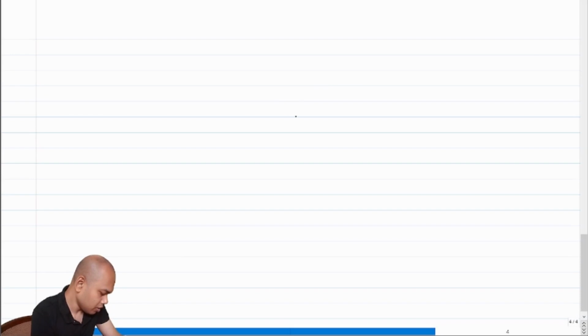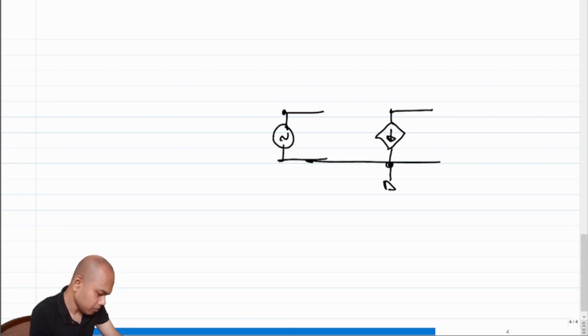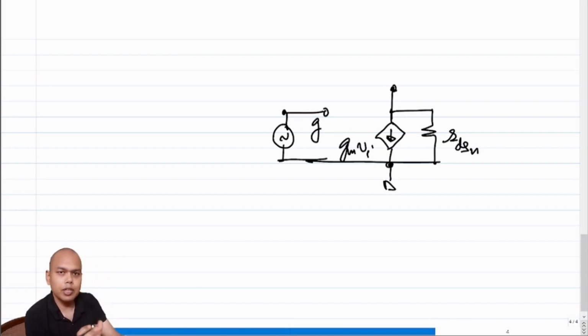We retain the n-MOS side, RDSN, and this is Gm times Vi. This is the gate, and here on the top side we would like to look into the drain of another transistor, which we know now has to be a p-MOS transistor. So we'll replace the RL with the incremental equivalent of a p-MOS transistor.